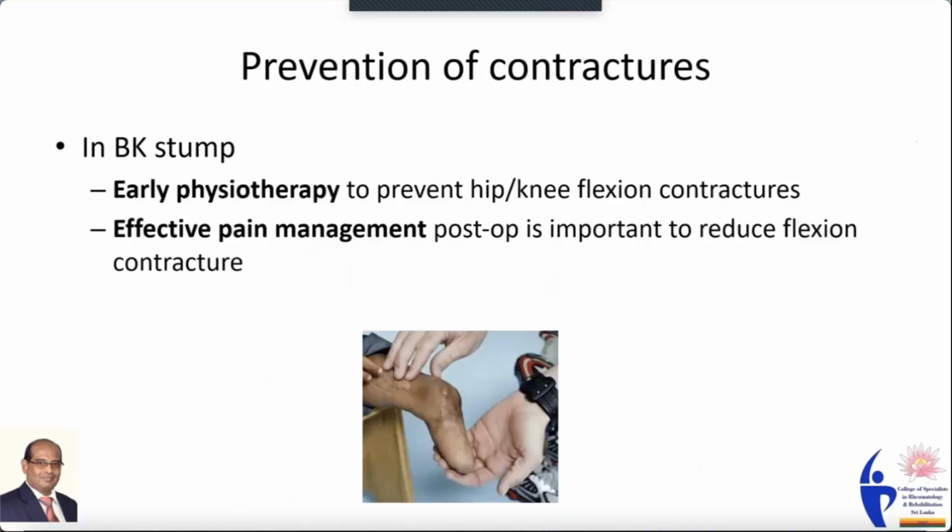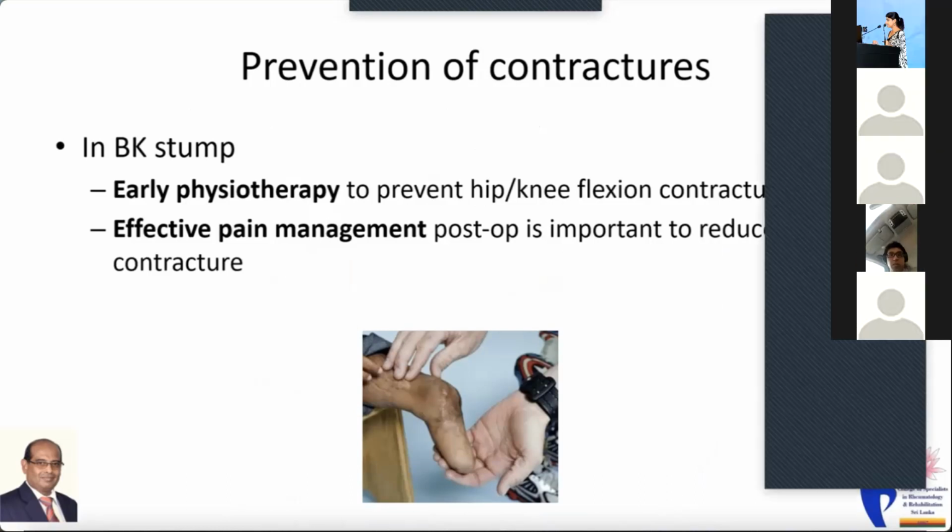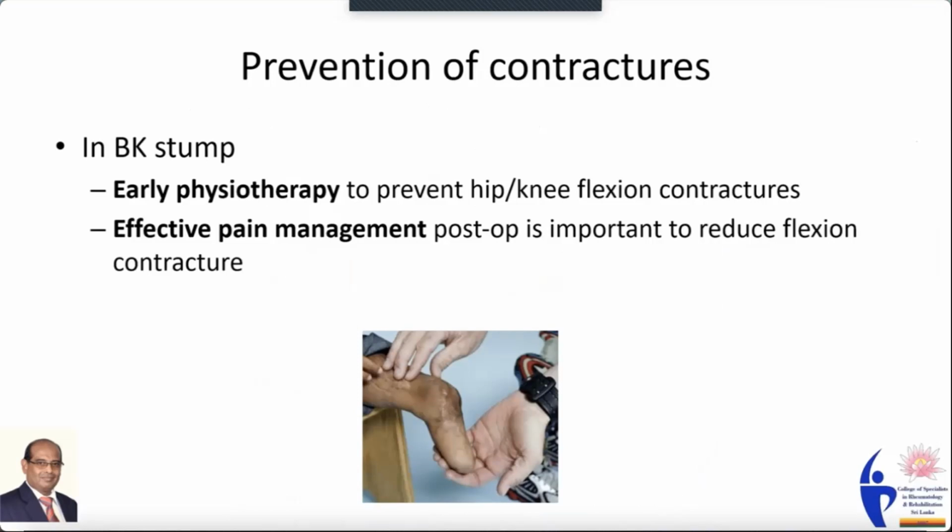Early physiotherapy is needed to prevent the hip and knee flexion contractures, and is again effective in pain management. It also helps in preventing these contractures, because sometimes with pain, the patient goes into a less painful position and might keep the joints in a flexed or extended position.